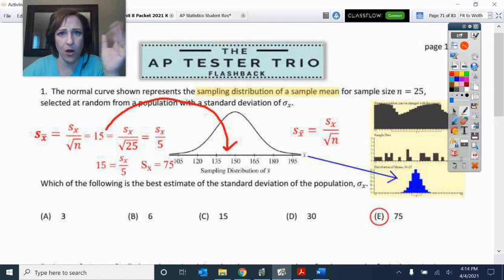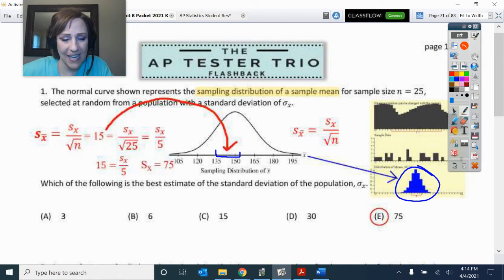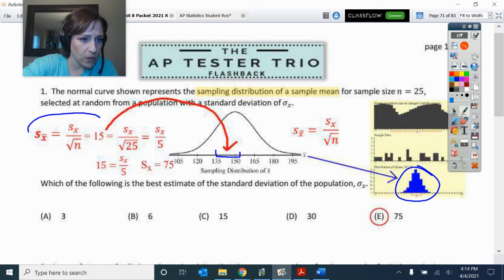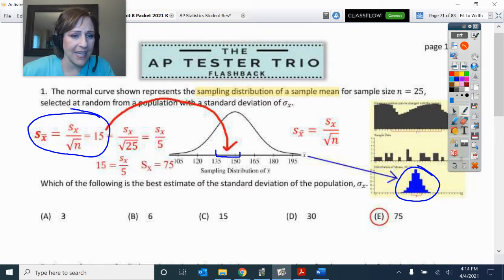So this was a tricky problem. What we have here is that I can see that the standard deviation of this sampling distribution is 15. So solve this right here for S of X. That's what you're solving for.